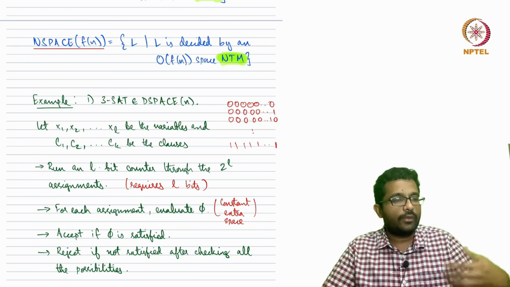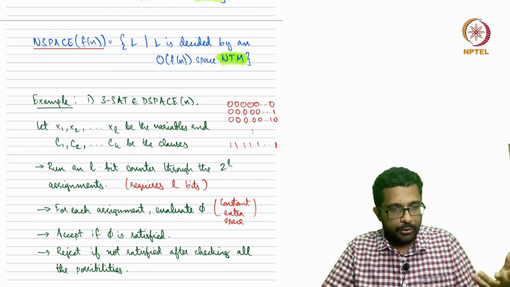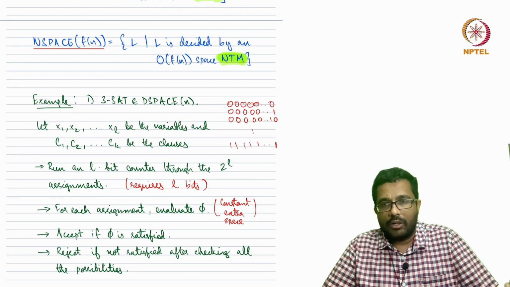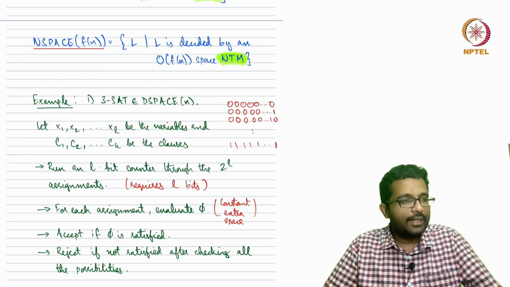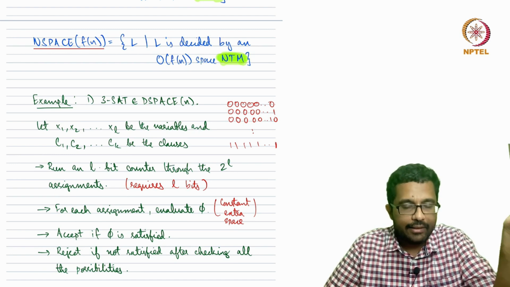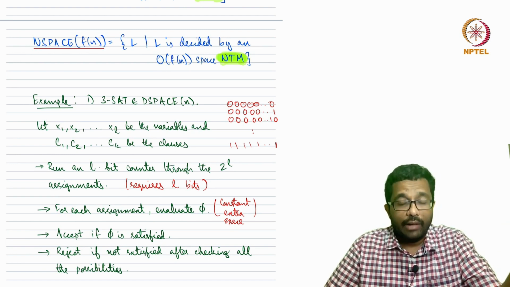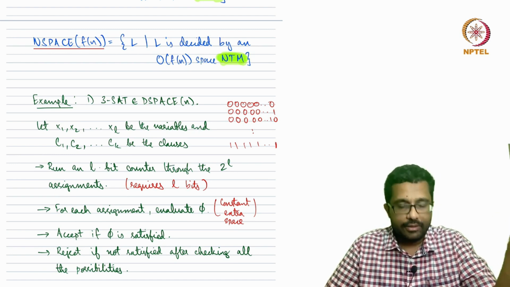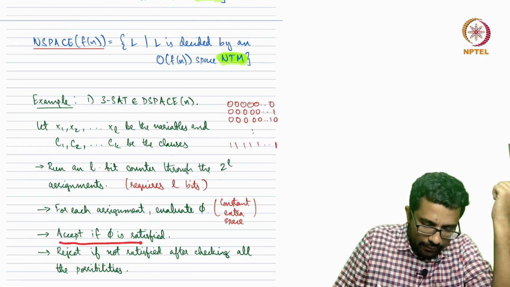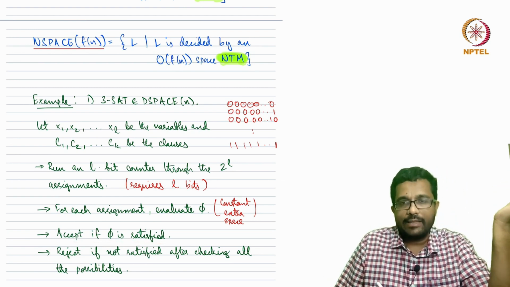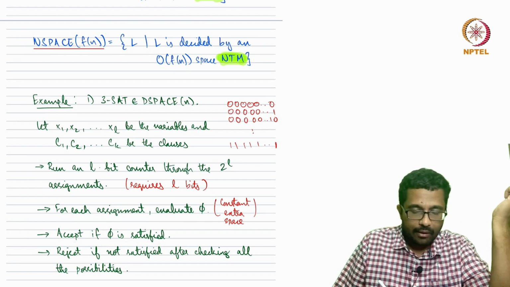Given that it's a 3-CNF form, you just evaluate a clause and see whether it is true. If it is true, you continue. If it is not true, then you can immediately say that this is not a satisfying assignment, right? So you just need to have the 3 assigned values for the literals in the clause, right? And at the end we accept if there is some assignment that satisfies the formula.